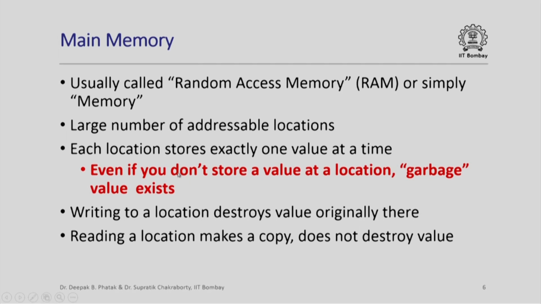This is very important when you get to real programs. Now writing to a memory location destroys the value that was originally there. However, reading from a location makes a copy, it does not destroy the value that was there. Note that these are exactly how Dumbo's drawers also operate.